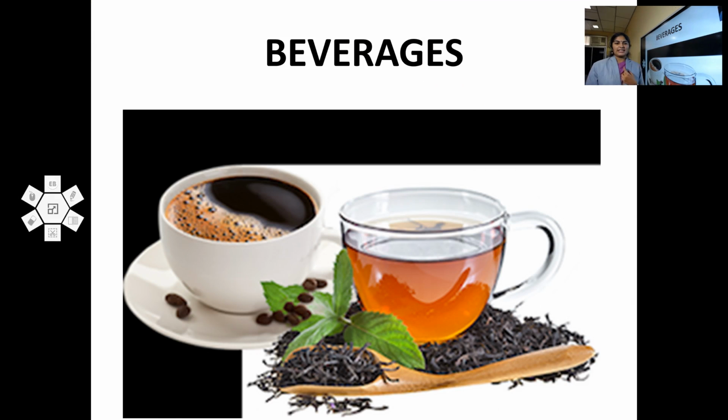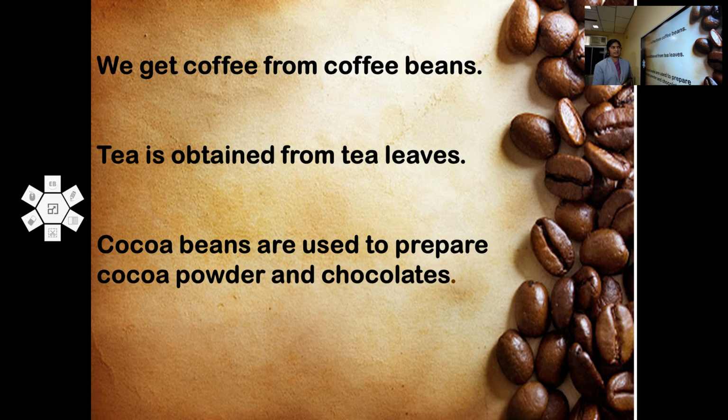Next, beverages. When you hear the term beverages, what comes to your mind first? Yes, it is tea and coffee, right? Let us see from where we get tea and coffee. Let us recall something we learned in the first class. When you learned about fruits and vegetables, you learned different parts of the plant are used as vegetables.